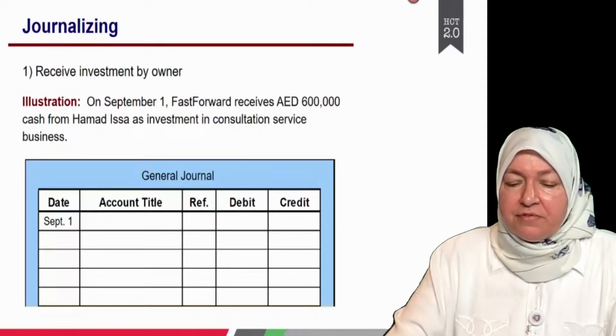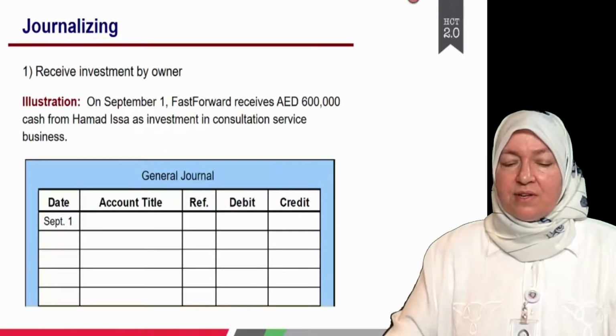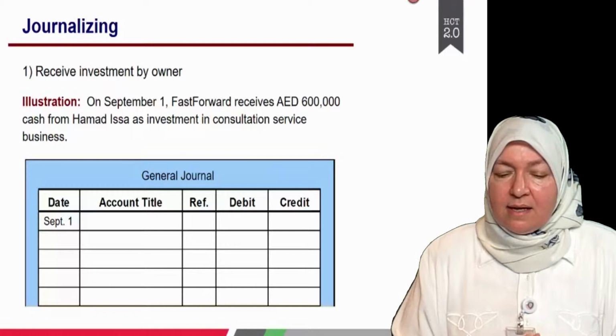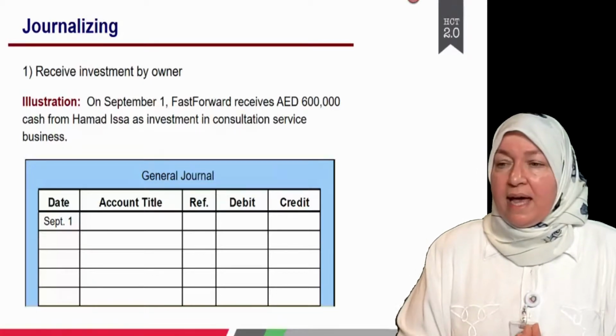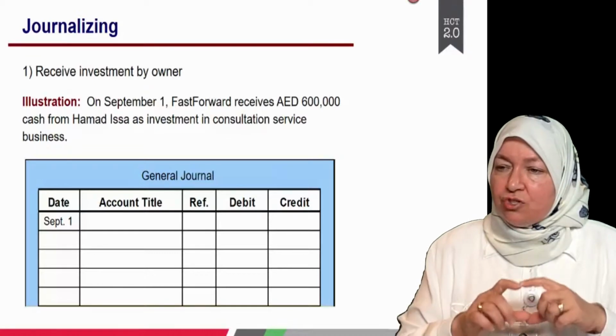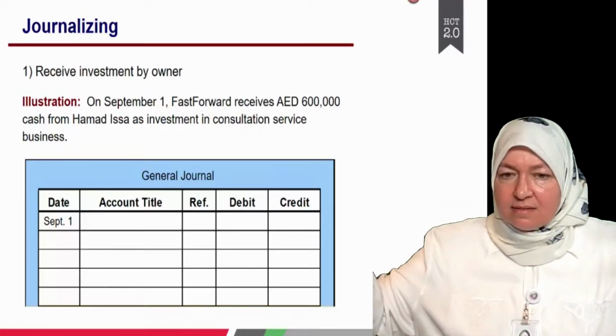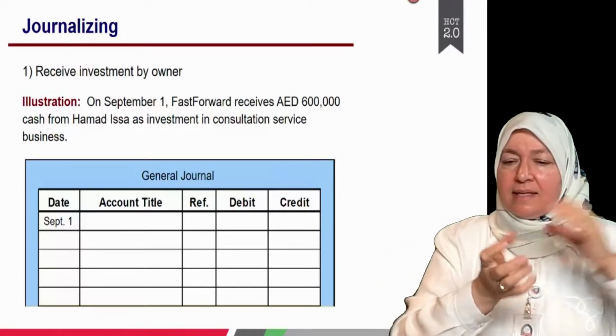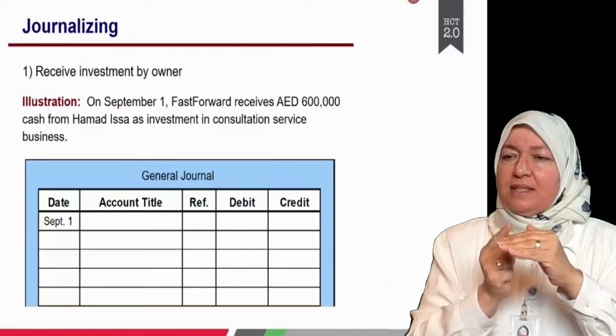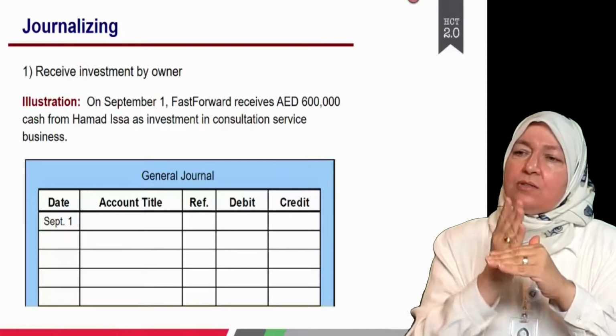We have on September 1st, fast forward, received 600,000 cash from Hamad Isa as investment in consultation service business. So we have cash, and cash is an asset. Its normal balance, let's remember, it's debit, and cash receiving, it's increasing. So it's the same as its normal balance.